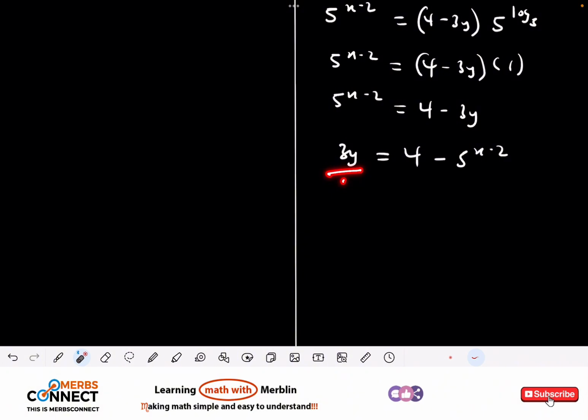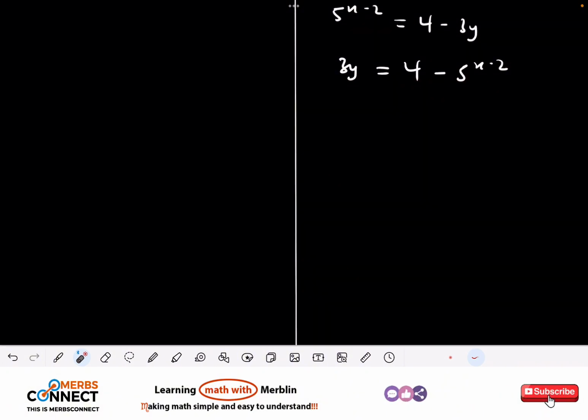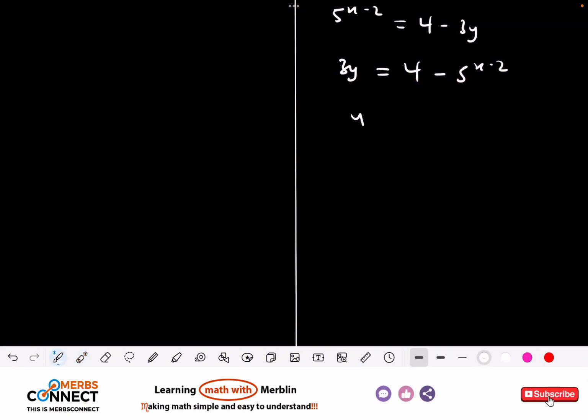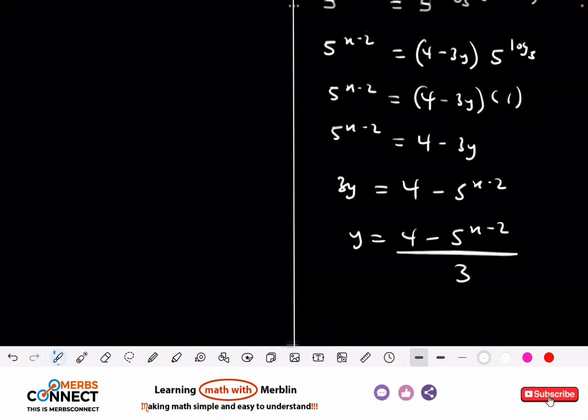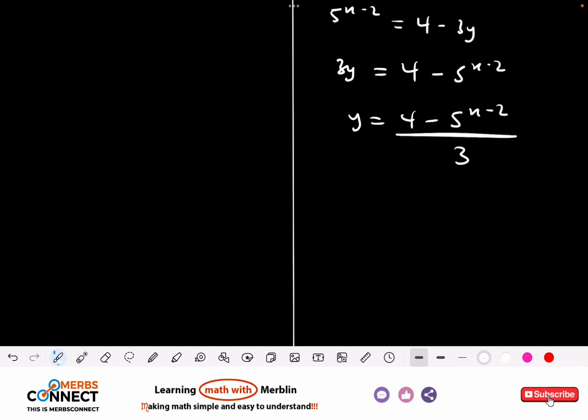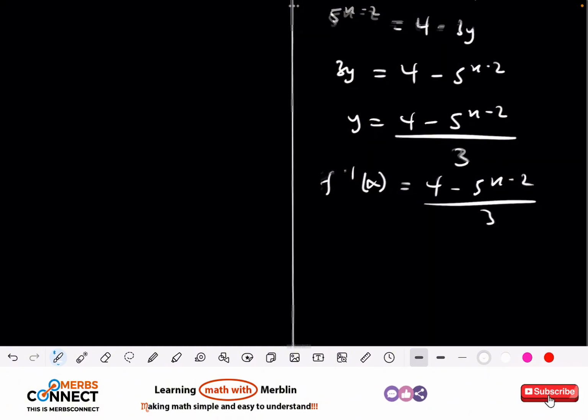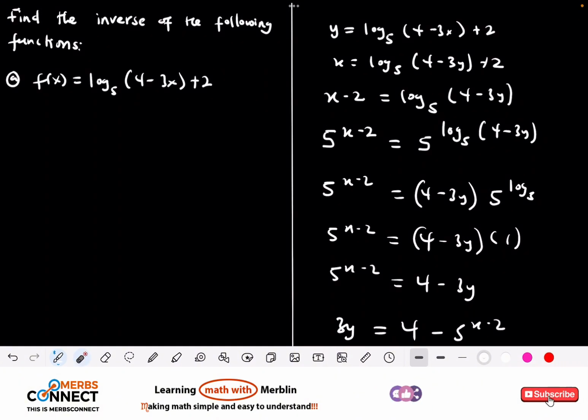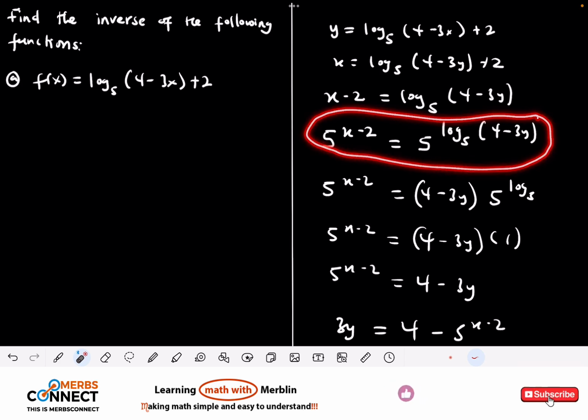By making y the subject, we need to divide both sides by 3, and we are going to have y equal to 4 minus 5 to the power x minus 2, divided by 3. So this will be the f inverse of the function. So f inverse of x is 4 minus 5 to the power x minus 2, divided by 3. So very simple. Don't forget what we just did here, how we raised the power function.